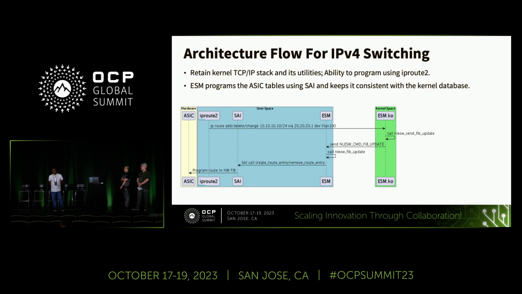It starts there, and then eventually IPRoute2 talks to the kernel, and then we trampoline the event back to the user space agent and program the ASIC through SAI. These are pretty fundamental features which are already available in SAI, so this doesn't require any sort of additional hack into using the SDK directly or any other stub HAL layer.